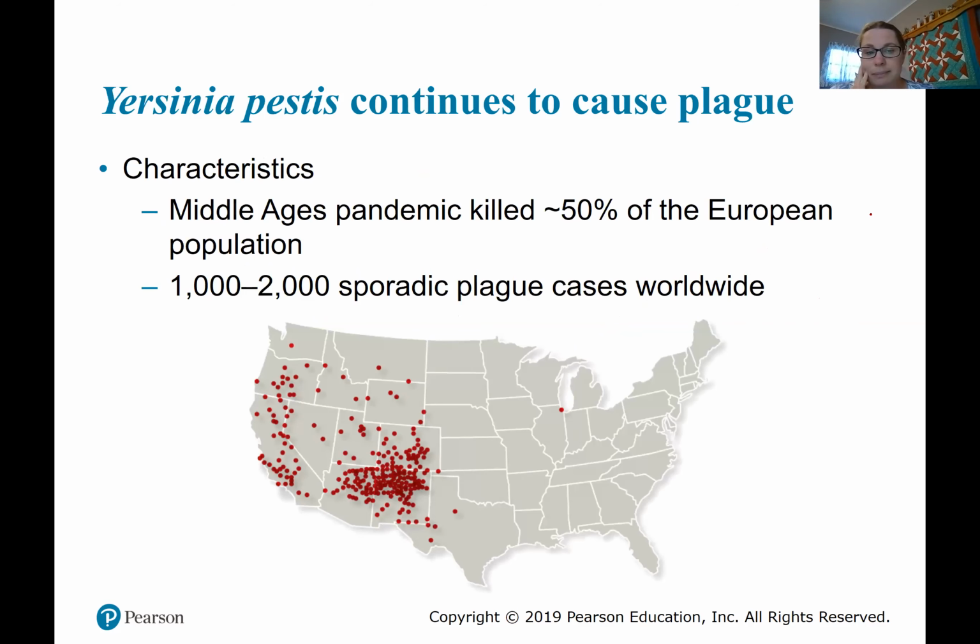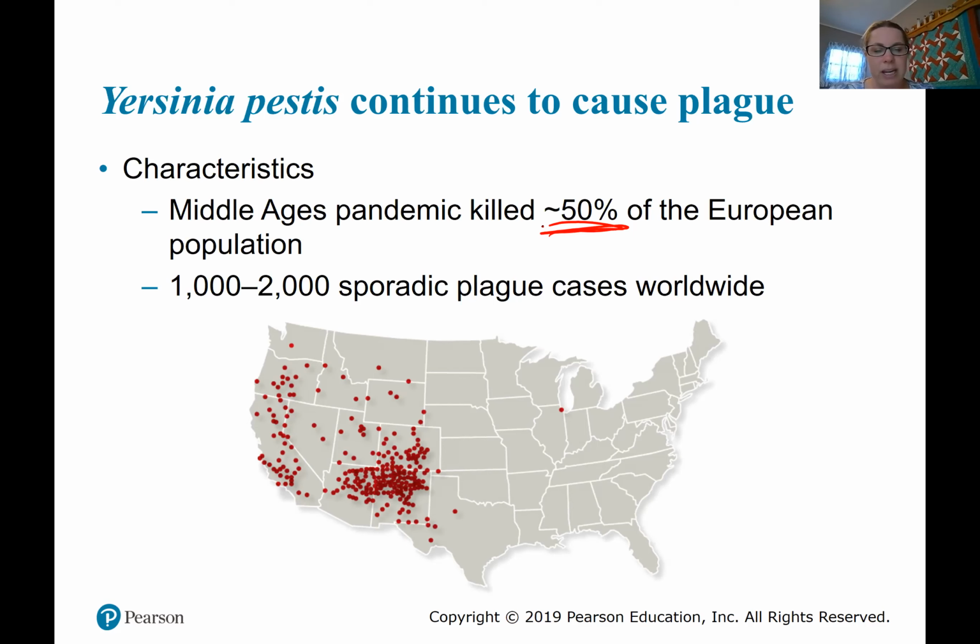There were two major incidences of plague back in the Middle Ages, the 1300s and the 1500s, where a significant portion of the European population was wiped out. Many people died because of these pandemics.